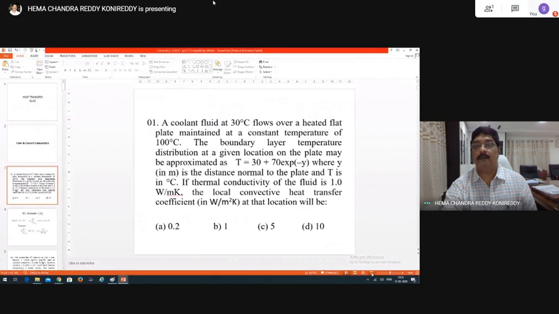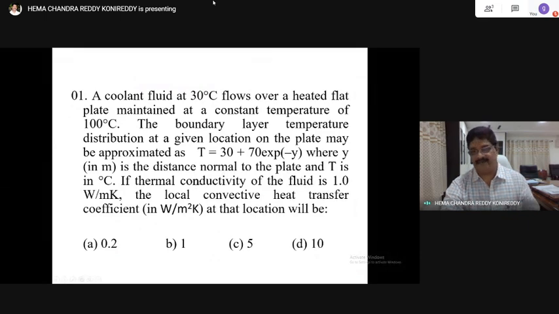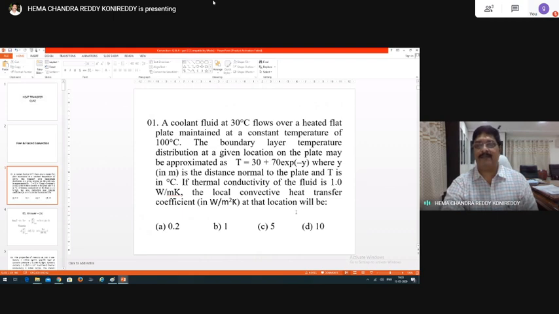T is in degrees centigrade, fine. If the thermal conductivity of the fluid, K of the fluid, is 1 watt per meter Kelvin, the local convective heat transfer coefficient at that location will be H, and K is given at that particular location, T is known.